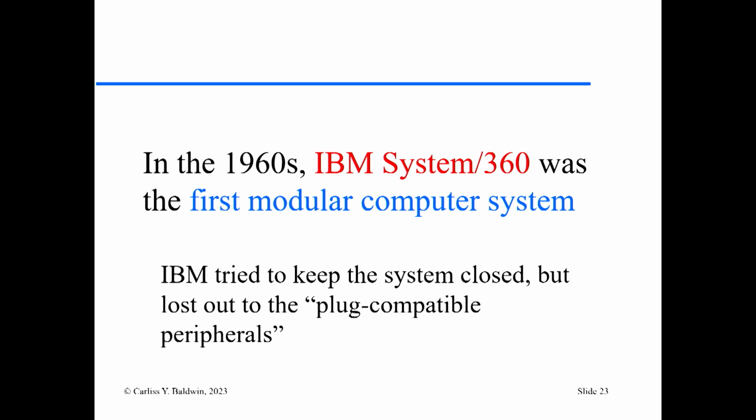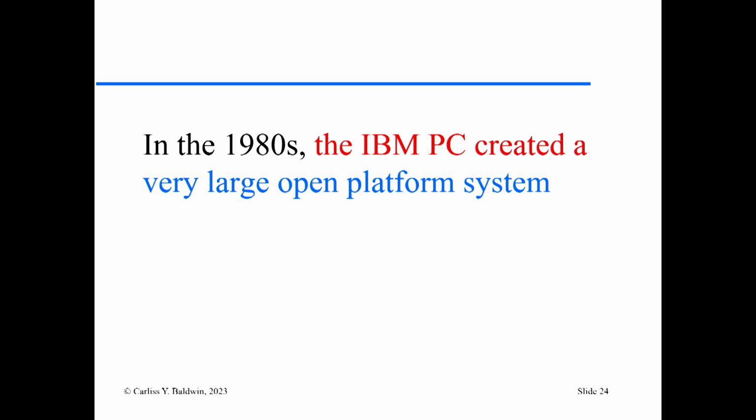IBM tried to keep that system closed, but it quickly started losing share to what were called plug-compatible peripherals, disk drives and things like them. In the 1980s, IBM, having learned a lesson, made the PC open and modular on purpose. So it was a strategic action, not a surprise, oh my God, what are we going to do about these PCP guys and all of our San Jose employees who are leaving us to start disk drive companies?